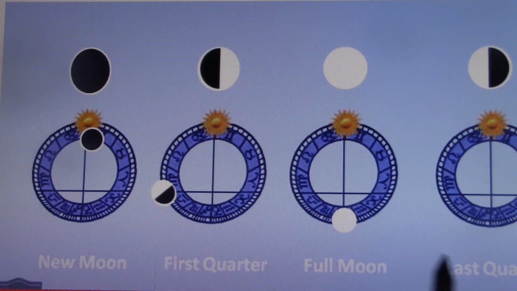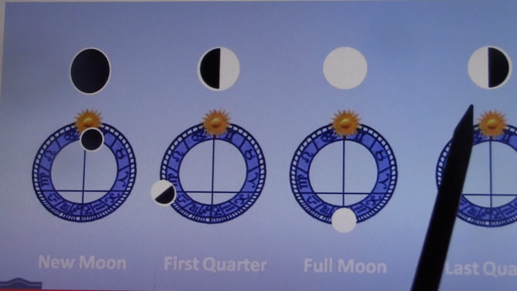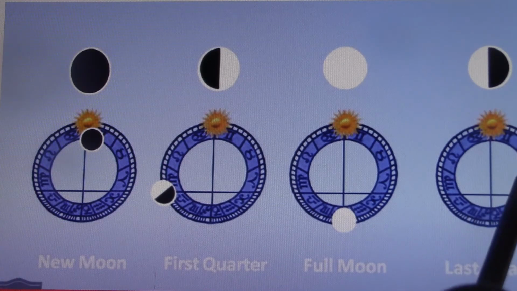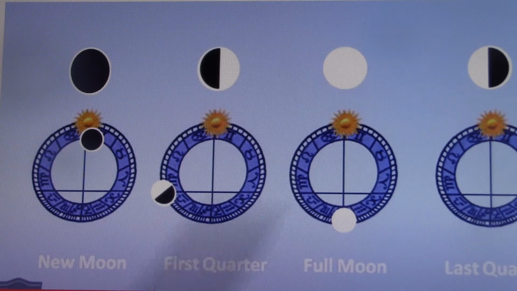So this is all a 28-day cycle. An example might be chimps, gorillas, and Homo sapiens, or human beings: our menstrual cycles are connected to the lunar cycles. So 28 days, and the cycle of the moon is about 28 days.